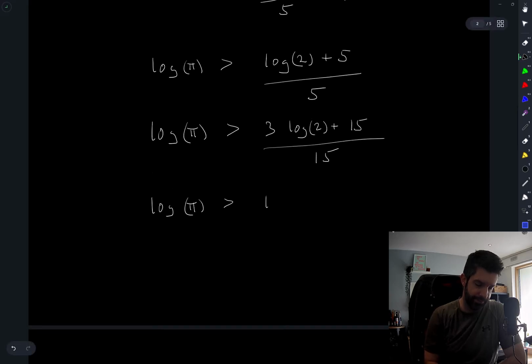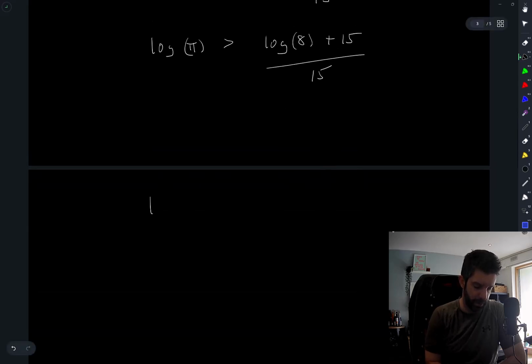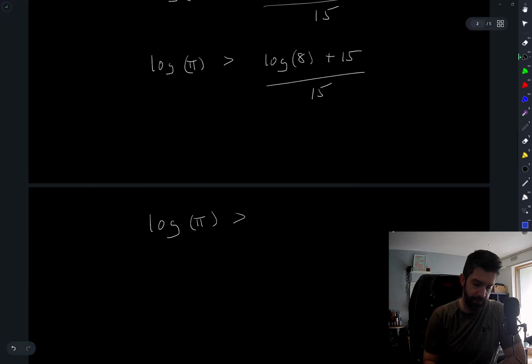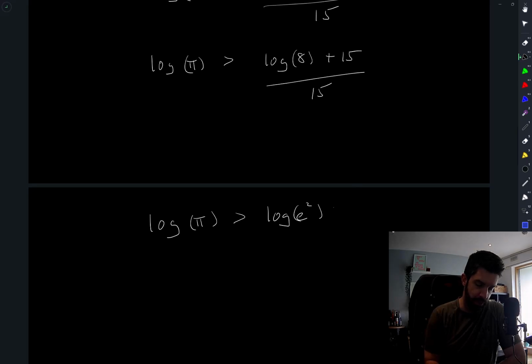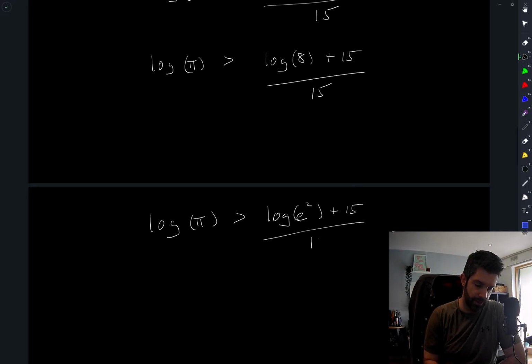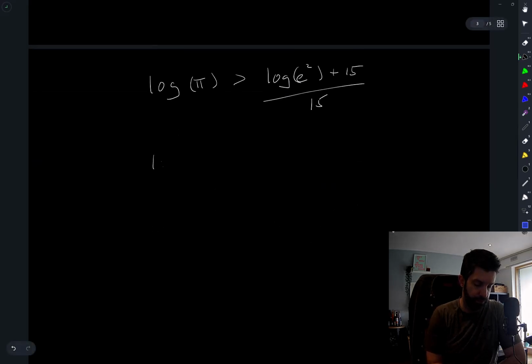And then here, I have log of 2 to the 3, which is 8, using just a simple law of logarithms. Now I see where things are going. I'm using the other inequality now, that e squared is less than 8. I can replace the 8 with an e squared, and the right-hand side gets smaller, so the inequality is preserved, and the log of e squared is 2. This becomes 17 over 15, and that's what we wanted.